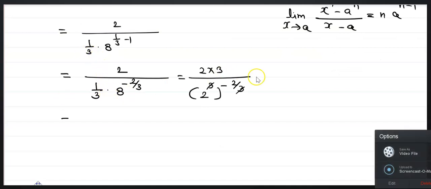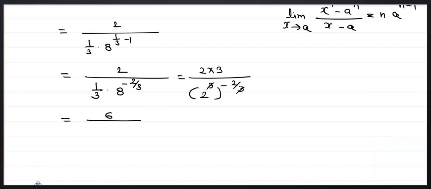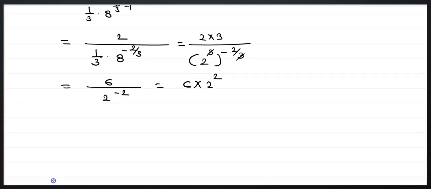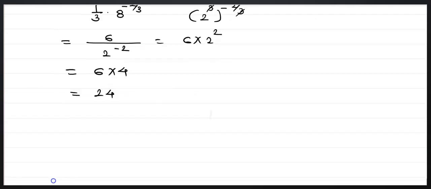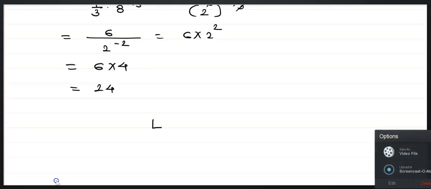Therefore, if we simplify this, 8 means what? 2 raised to 3. Now this 3 gets cancelled, and that is 2 raised to minus 2. That is 2 raised to minus 2. When it comes to the numerator, it becomes 2 raised to minus 2, and simplify this, then you will get 24.